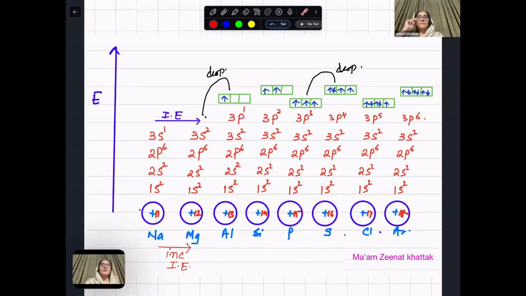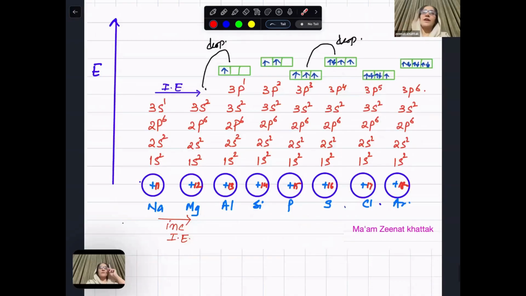So look, in sodium, I'm writing the ionization energy, the energy of the orbitals. This is sodium. In sodium, how many protons? 11 protons. 12 protons, 13 protons, 14, the protons increase. This is across the third period, protons increase. This is 1s2 2s2 2p6 3s1. 1s2 2s2 2p6 3s2.